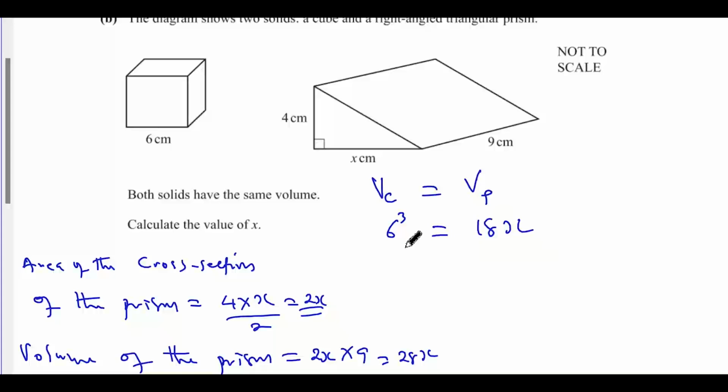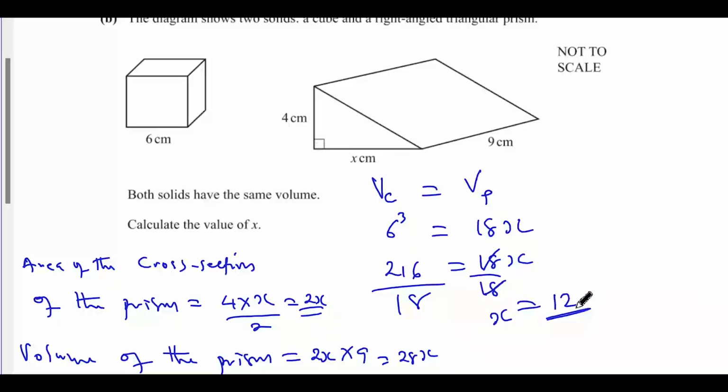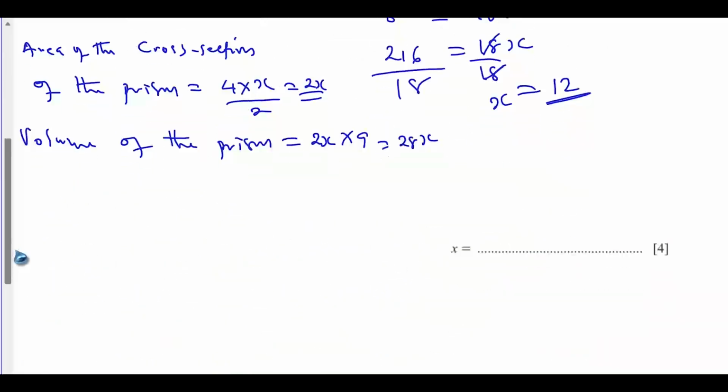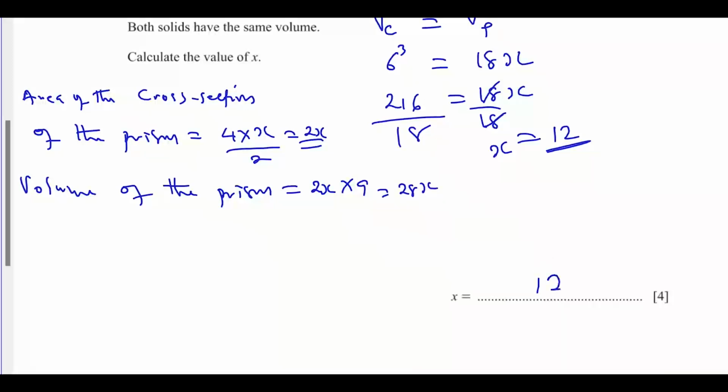So 6 cubed will give us 216 equals 18x. If you divide both sides by 18, the value of x will be equal to 12. You get 12 centimeters as the value of x. So you can scroll down and put x equals 12 centimeters here.